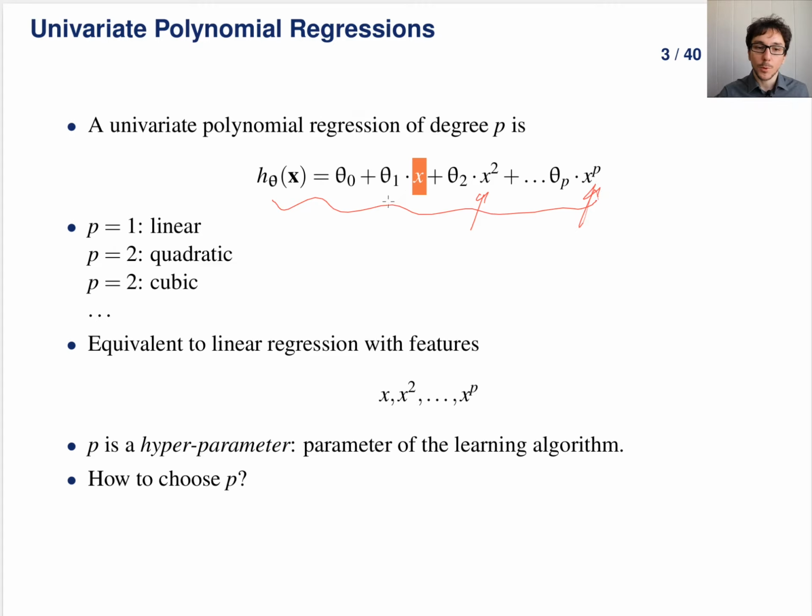But you can compute these parameters theta 0, theta 1, theta 2 by using ordinary least squares, as we presented before. p is a hyperparameter. It means it is a configuration parameter of your model, and it's up to you to choose the right one, and we will see some ways to do it. So this is a univariate polynomial regression where we have just one original feature.